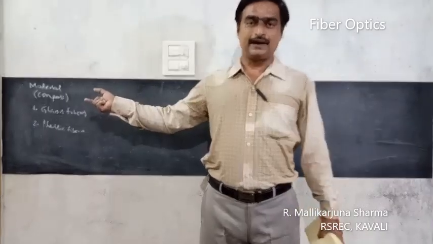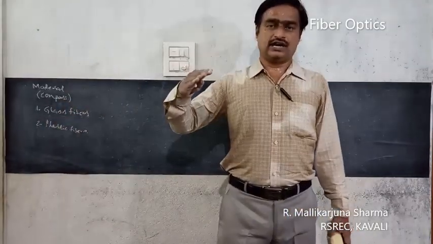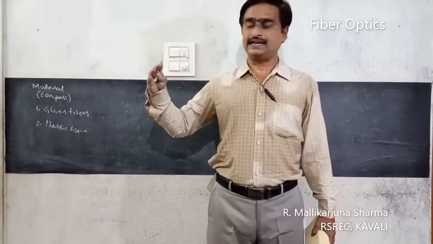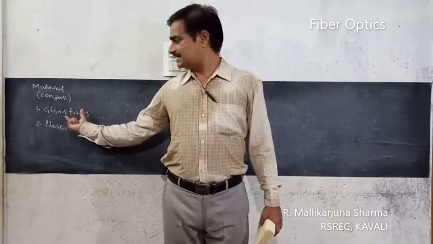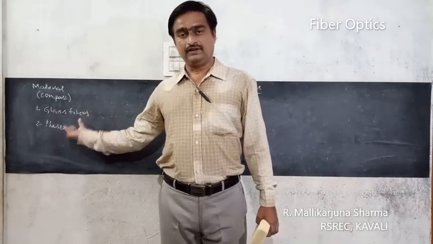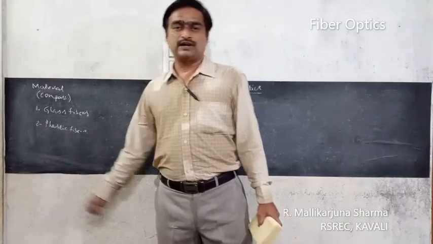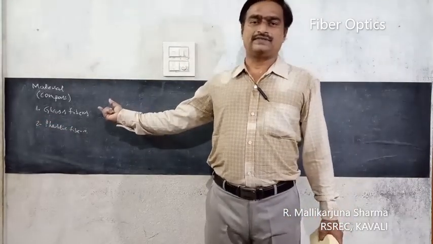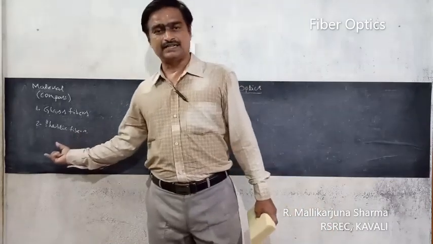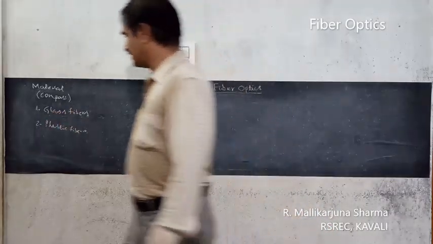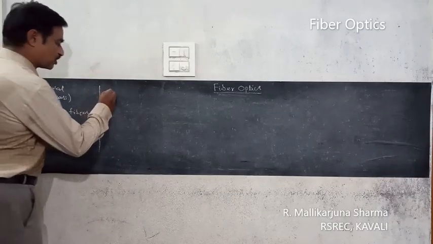If a large percentage of the fiber optic material is glass, then we call that type of optical fiber a glass fiber. If we have a considerable ratio of polymers also, then we call that one plastic fibers or polymer fibers. These are the two classifications regarding composition.